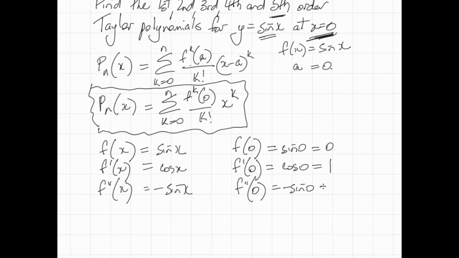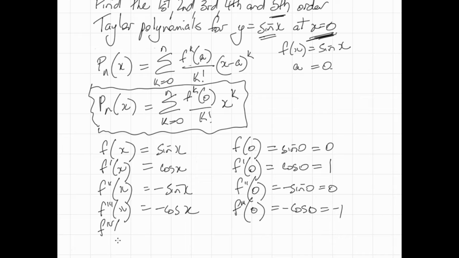Sine of 0 is 0, so that's equal to 0. f triple dash of x is the derivative of minus sine, which is negative cos x, and the third derivative at 0 is minus cos of 0, and cos of 0 is 1, so minus cos of 0 is equal to negative 1.